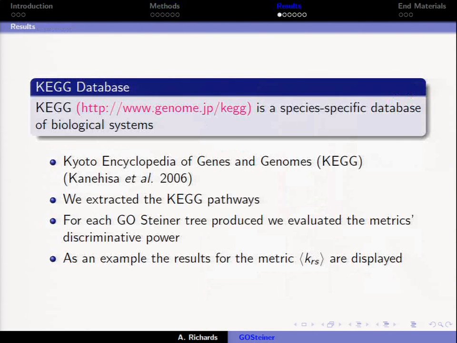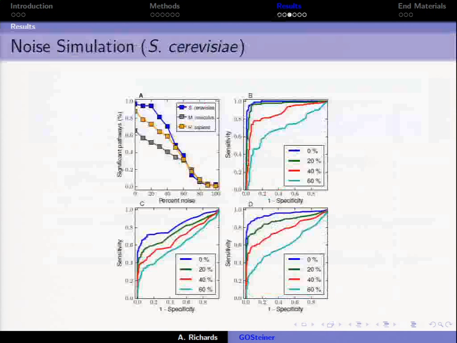So how well does it work? That's really what we're interested in. We use the KEGG database, a database that specifically works with coherent pathways. So how often, if we use all of the pathways in the KEGG coherent gene sets, are they?